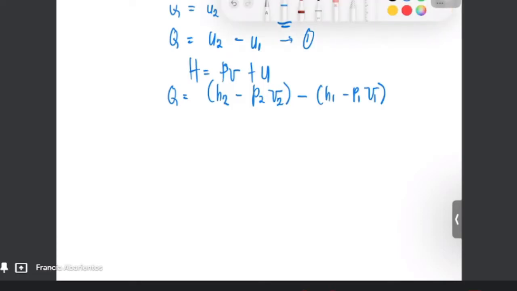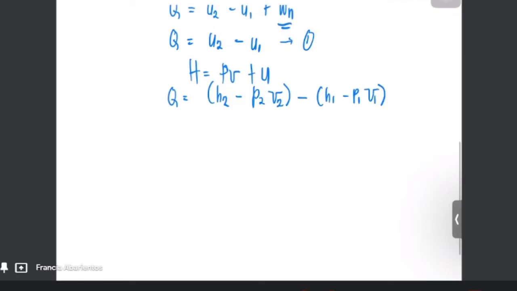So how do we apply this? So an example, ito is an example natin sa constant volume process. Excuse me, class. Okay. Dito muna tayo.